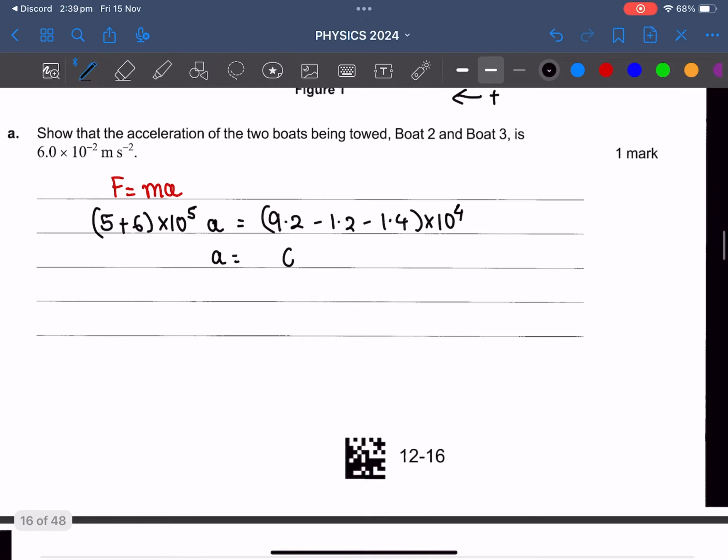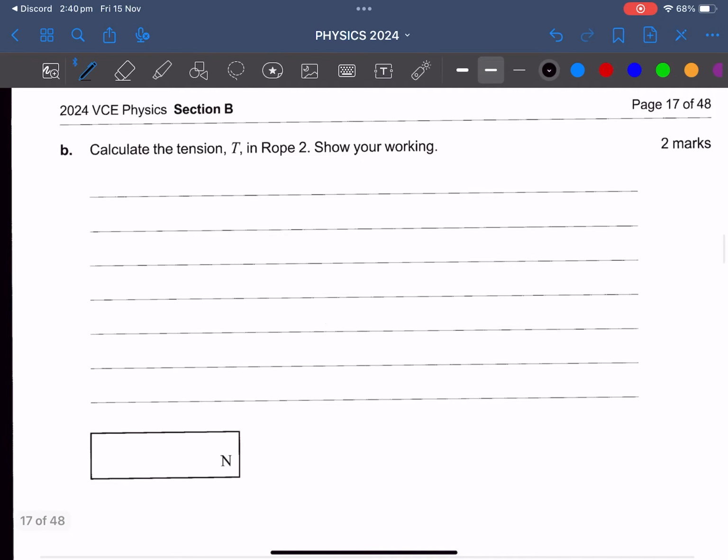So I'm getting 6.6 times 10 to the power of 4 divided by 11 times 10 to the power of 5, and this should hopefully give me the acceleration that we need to find. So 6.6 times 10 to the power of 4 divided by 11 times 10 to the power of 5. Yes, I indeed get 6 times 10 to the power of minus 2 meters per second squared. Okay, hopefully that made sense. So moving on to the next question.